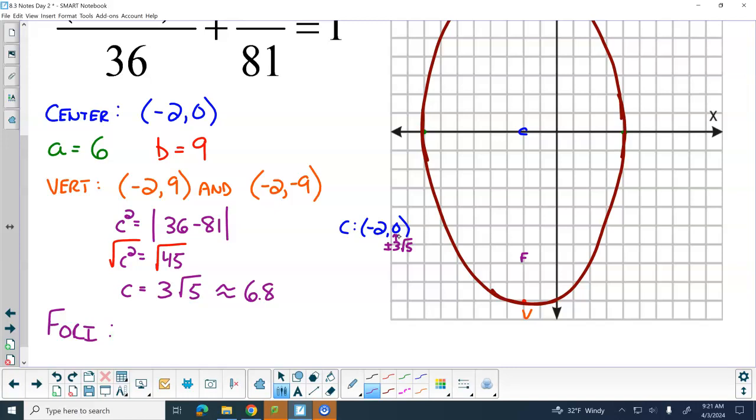If my major axis was horizontal, then I would add and subtract it to the x part. So my foci here are at (-2, ±3√5). If you wrote them out separately, that's fine. Questions, comments, concerns, clarification?